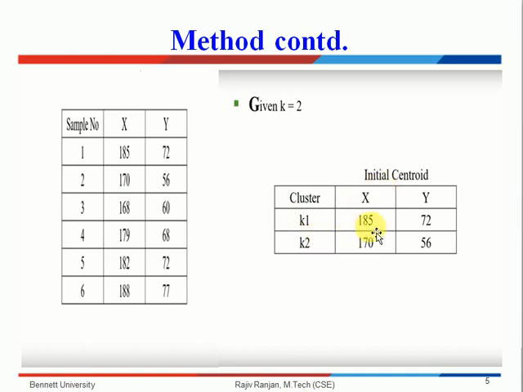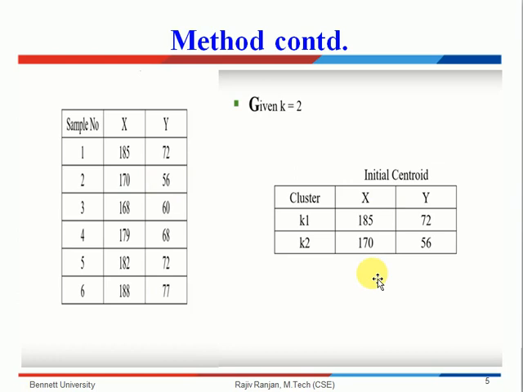I have taken as initial centroids these two data points, 185, 72 here, and 170, 56 here, right? It is not necessary to take the first two data points as initial centroids. You can select randomly any data among these. Just for better understanding, I have selected the first two data points as the initial set, right?